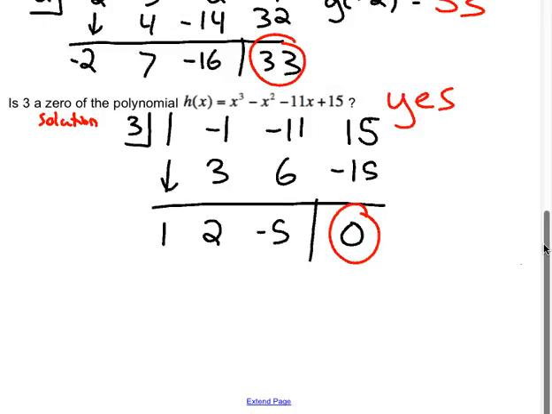Because I ran through 3 and it came out to be 0, it's telling me that that is in fact a solution to that polynomial. By a solution, remember another term for that would be x-intercept. And we'll come back to that idea starting tomorrow. But remember, all of these things are applications of the synthetic process.